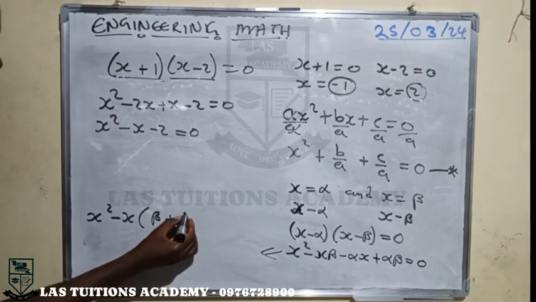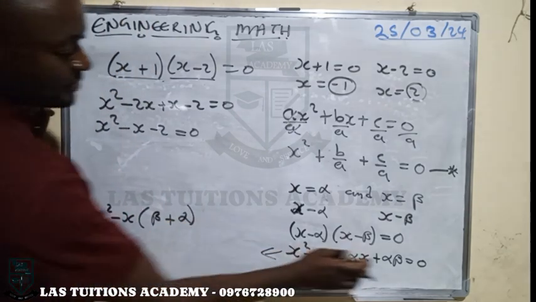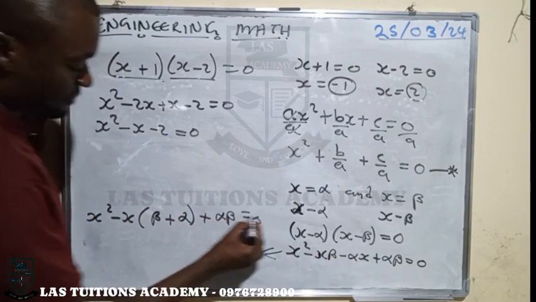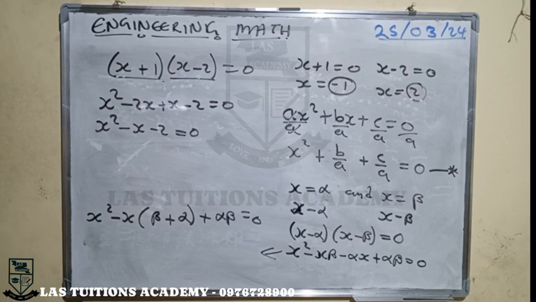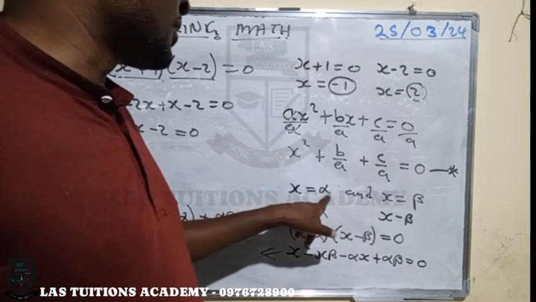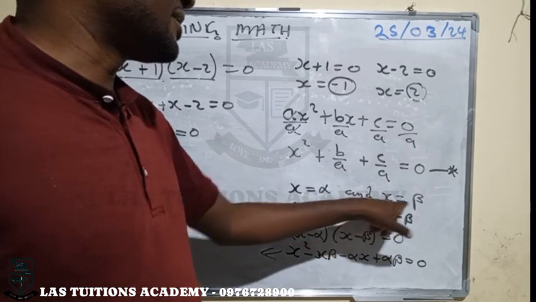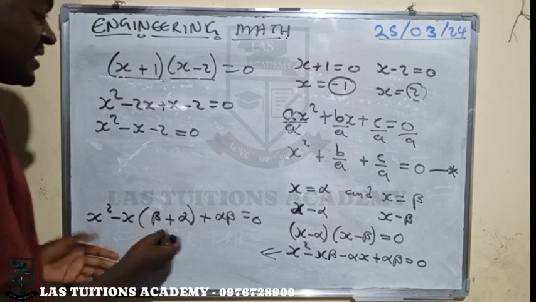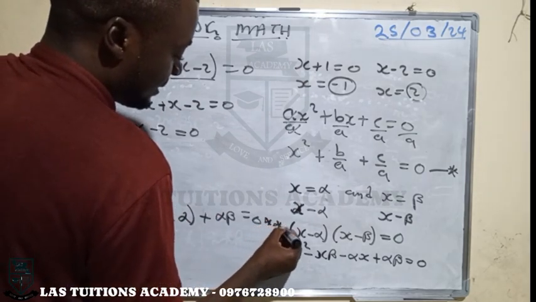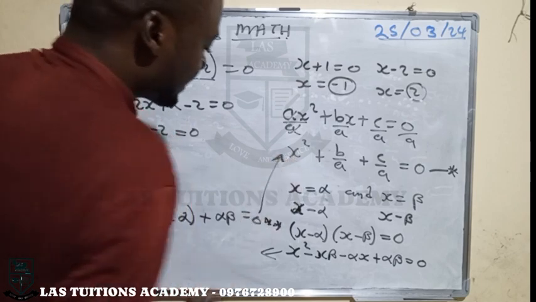Then we have plus alpha beta. This is equal to 0. Okay, so this is the original equation, which gives us x is equal to alpha and x is equal to beta. So this equation and this equation, they are exactly the same.